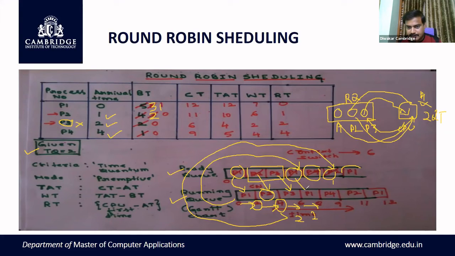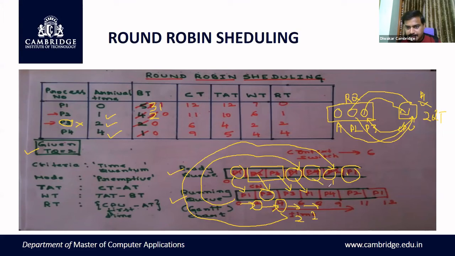Now for the process P1, one more unit is there to execute, because it executed 2 units. So next the process P1 you're going to attach here at the end. Now what happens? 3 processes are there in the ready queue: P4, P2, P1.